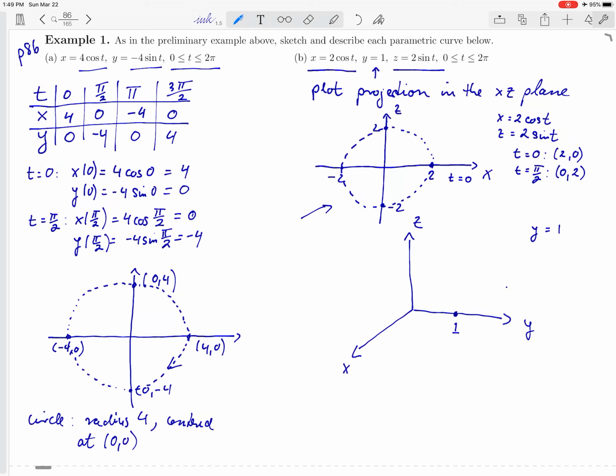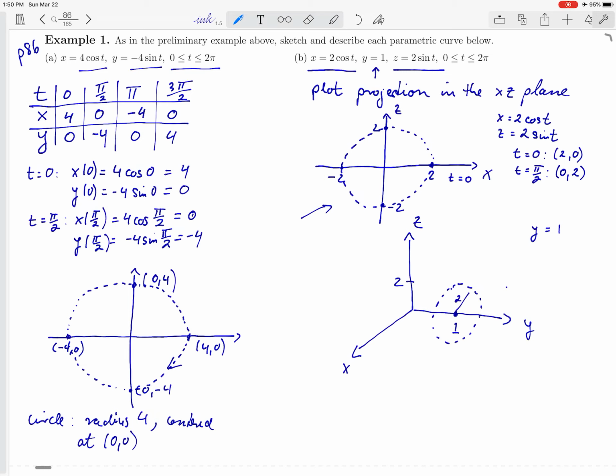So we are getting a circle centered on the y-axis at y value 1 and moving around, and the radius is 2. My picture isn't the greatest, but this is 2 right here.